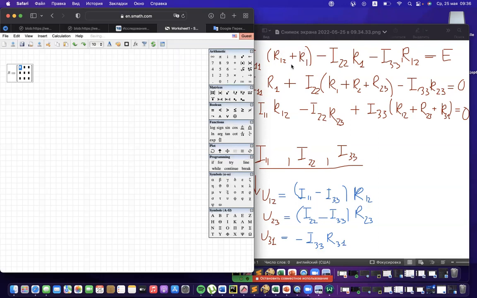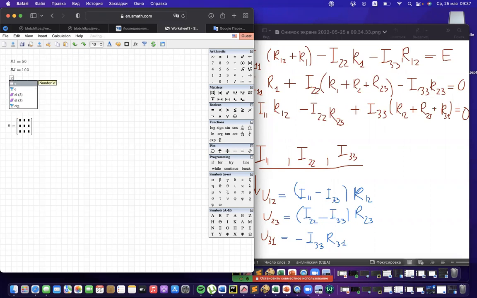In the first column, you should put R12 plus R1. Let R1 be, for example, 50. R2, let it be, for example, 100.